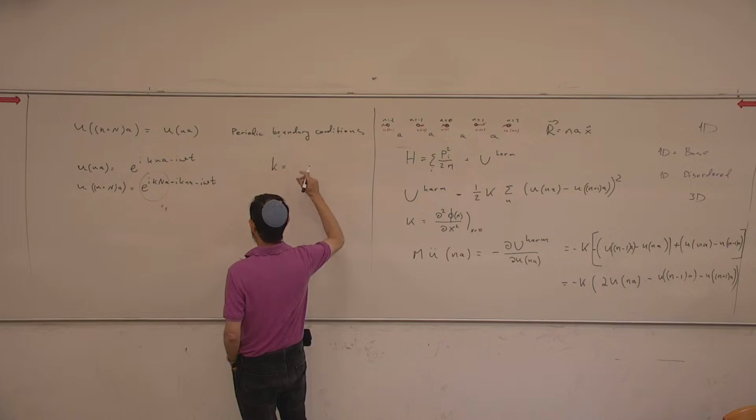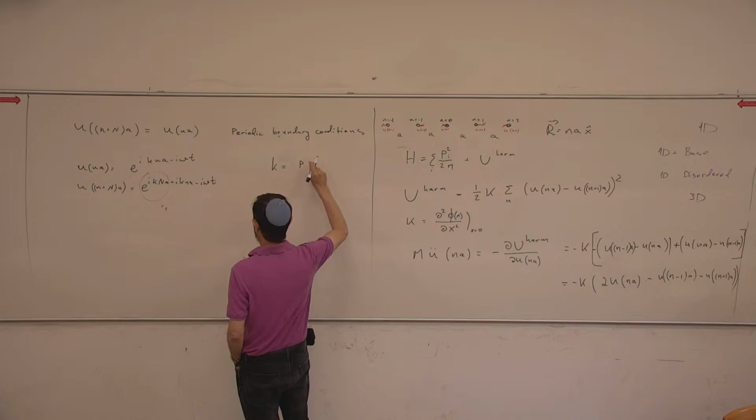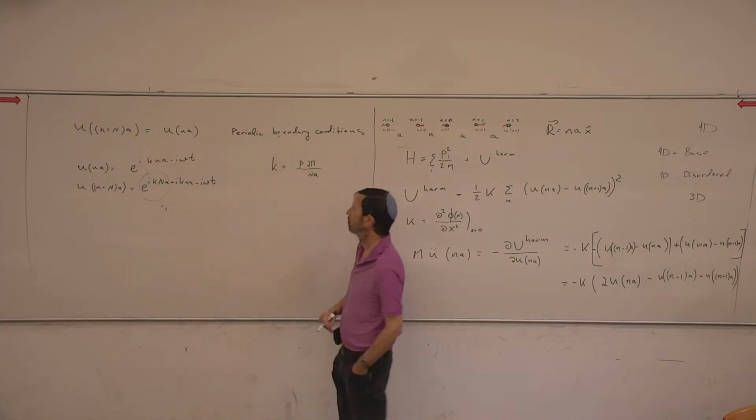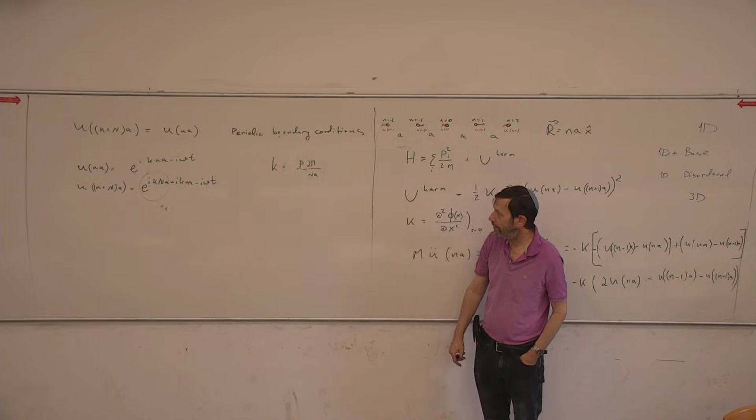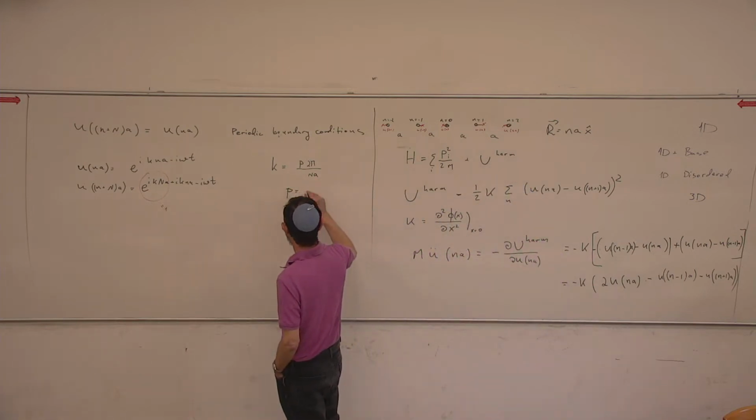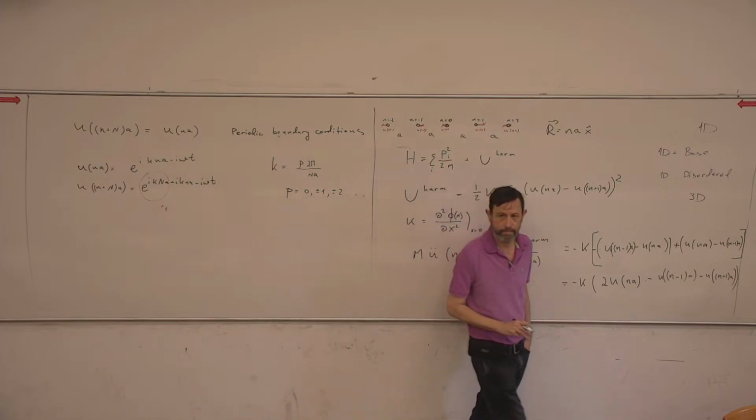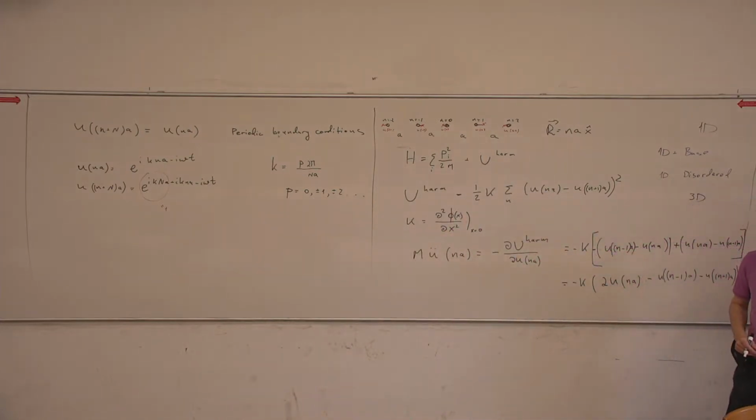So it's not any k, but only k equals 2 pi p over N a, with p equals 0, plus minus 1, plus minus 2, and so on and so forth. Yes?